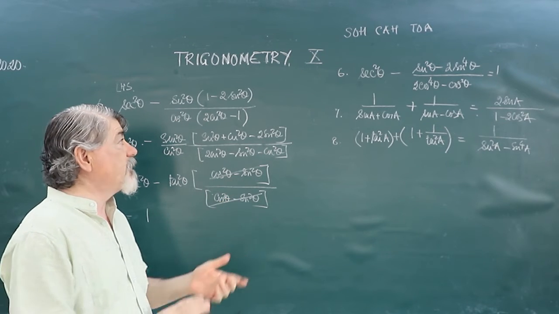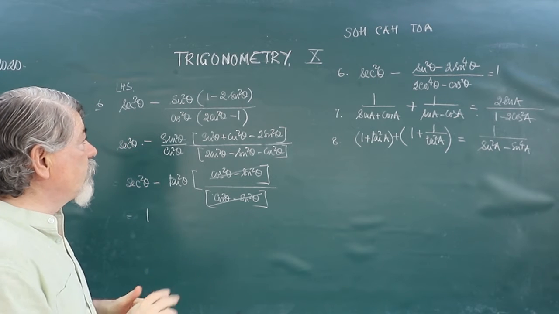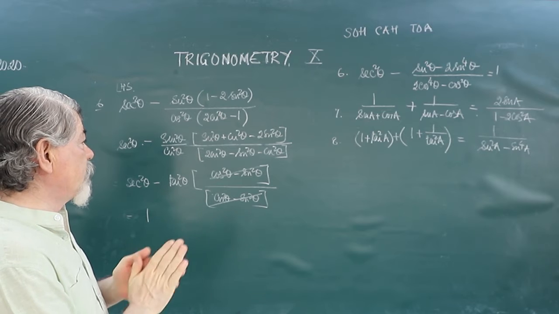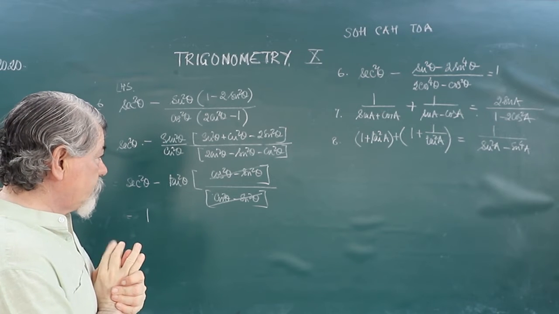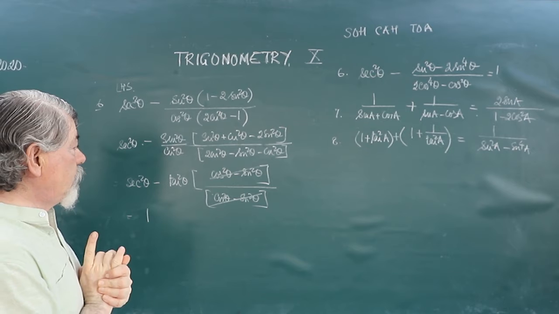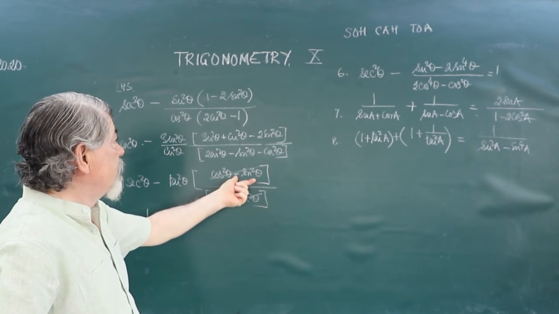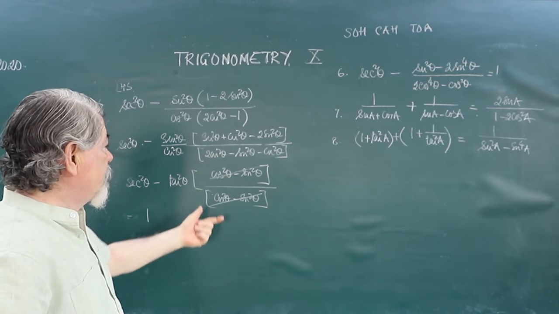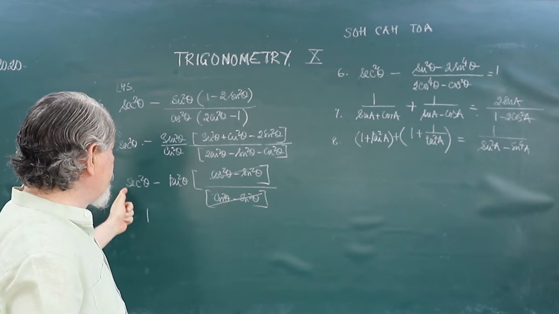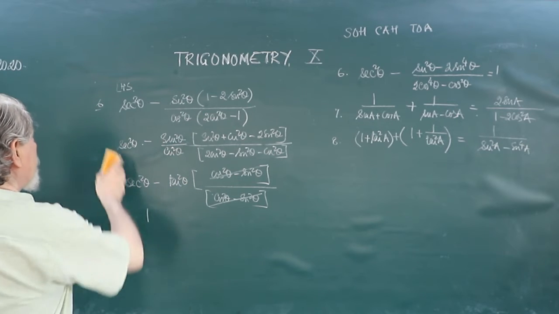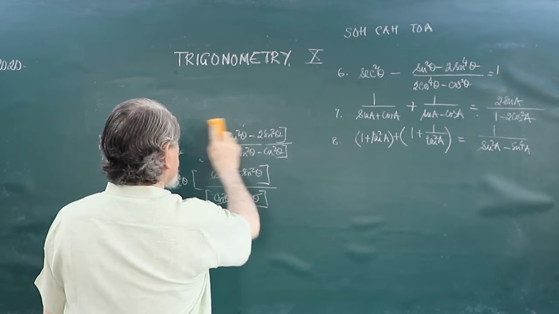Later on you will study the formula also. Cos square theta minus sin square theta cancel with each other. We get sec square theta minus tan square theta. Now let us see question number 7.